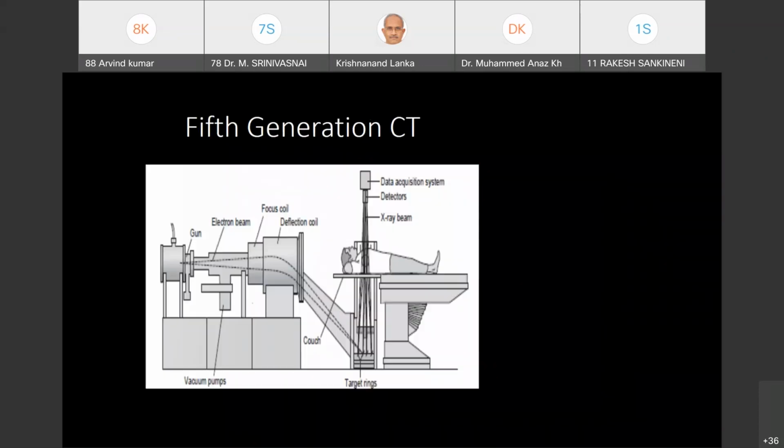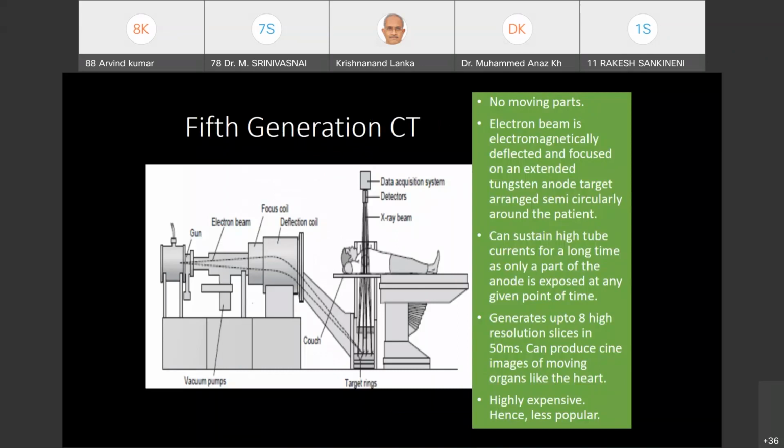And then fifth generation CT. So there are no moving parts. The electron beam is electromagnetically deflected and focused on an extended junction anode target arranged semicircularly around the patient. So here even the beam is not meant to move.